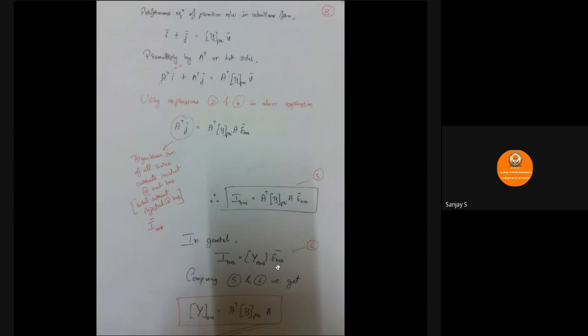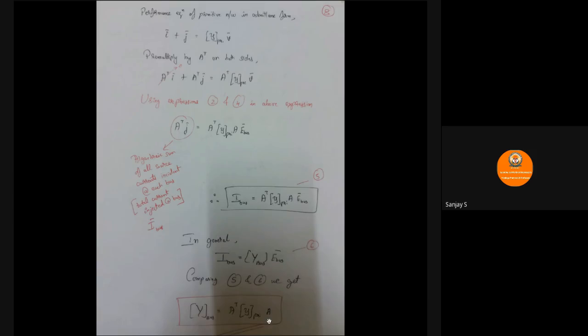For any bus, if you write the expression, I bus is equal to Y bus into E bus. This is our standard expression. So compare equations 5 and 6. If you compare them, you have Ybus is equal to A transpose Y primitive into A. So Ybus is equal to A transpose Y primitive into A.